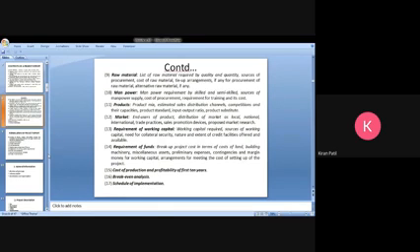For example, if I'm producing 1,000 units of a particular product, what is the cost of every unit? And then what is the price at which I'm going to sell it? And what is the profit that remains with me? And that too for the first 10 years.